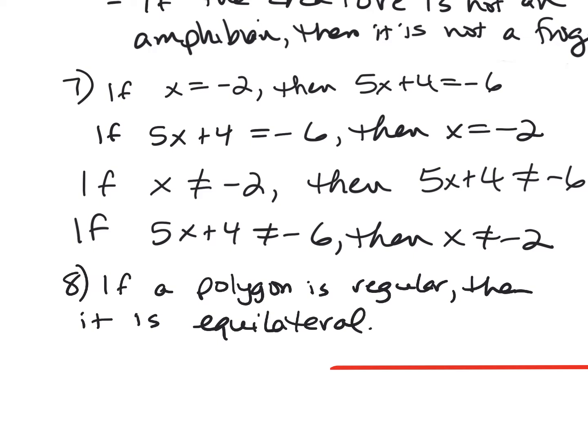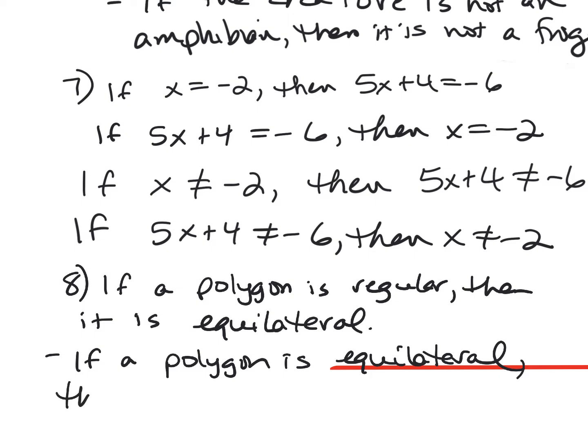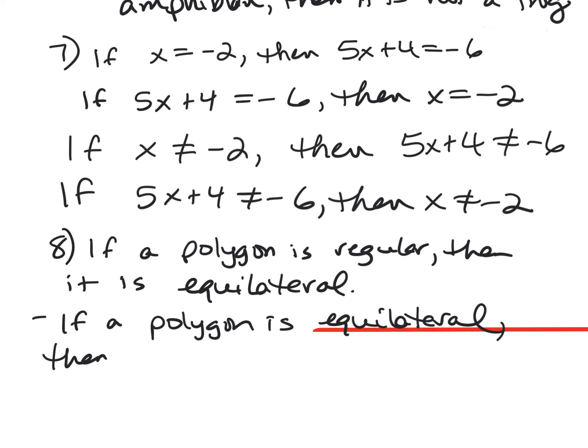Now I'm going to flip it. So for the converse, if a polygon is equilateral, then it is regular.